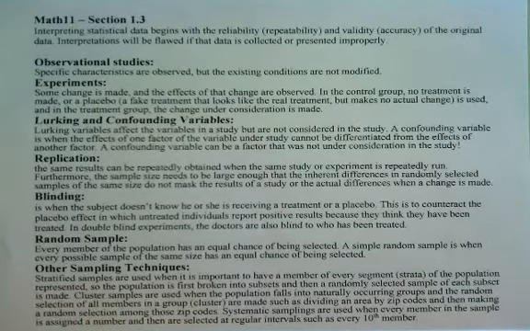One of the most important aspects, really, especially when you get into interpreting statistical data, is lurking and confounding variables. The key here is that you may think you're studying one thing, but in truth, the results that you get may be due to something else.